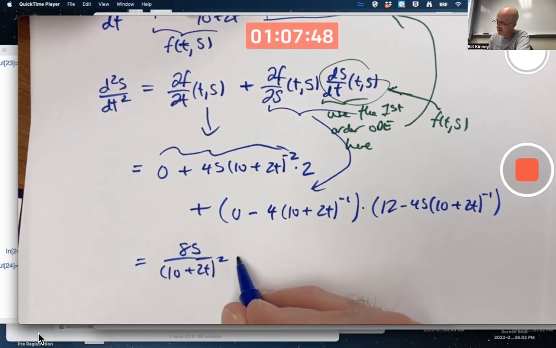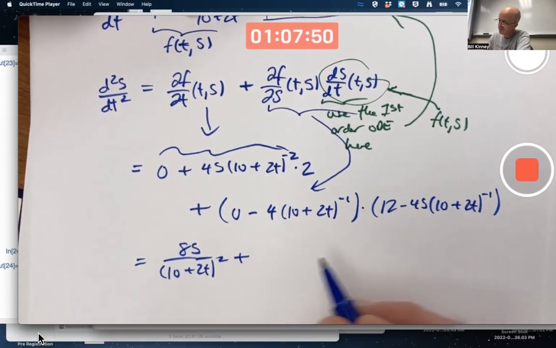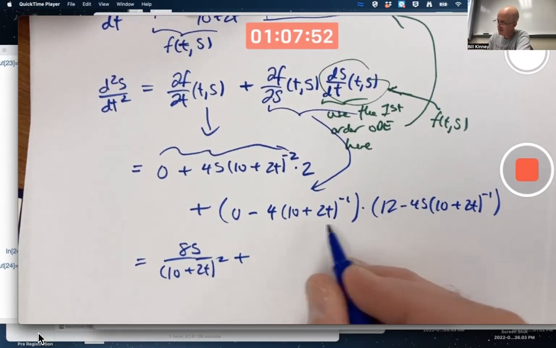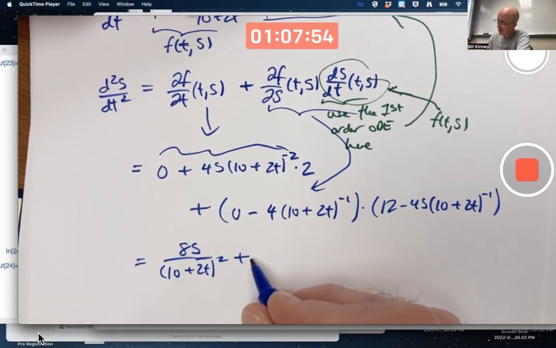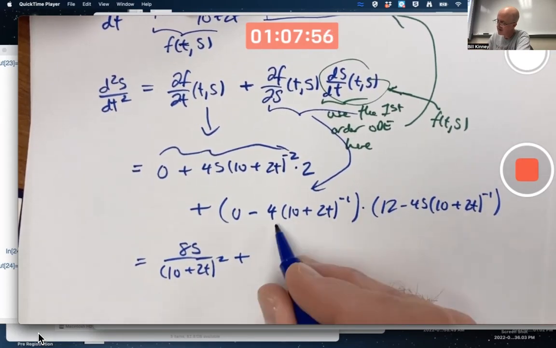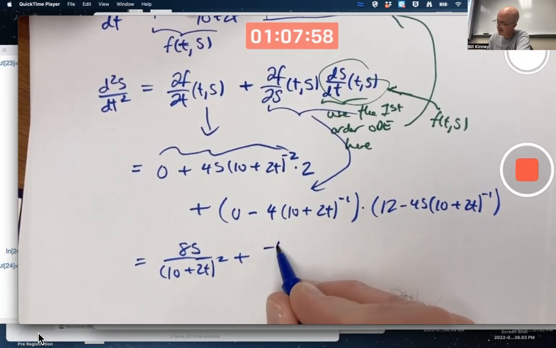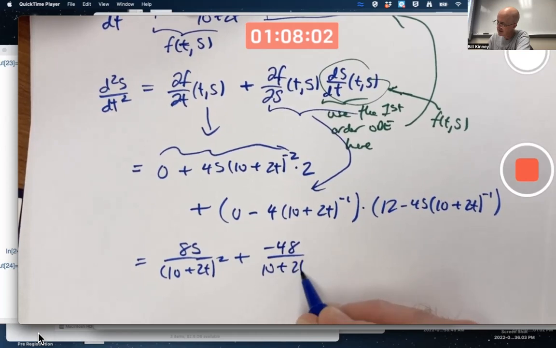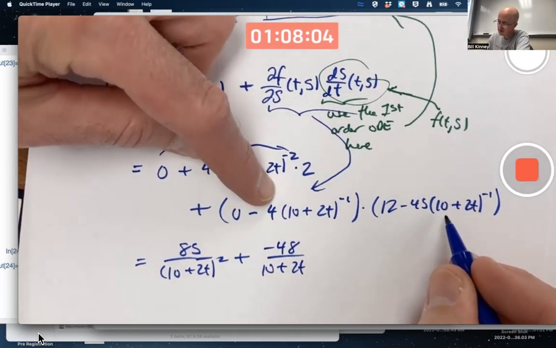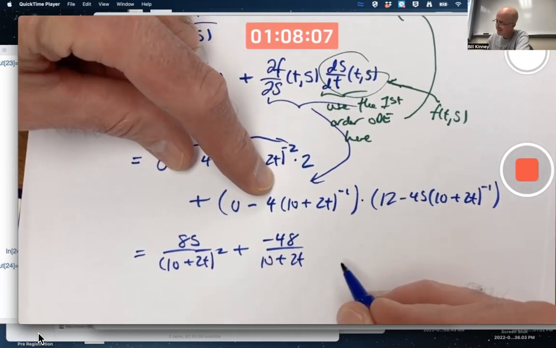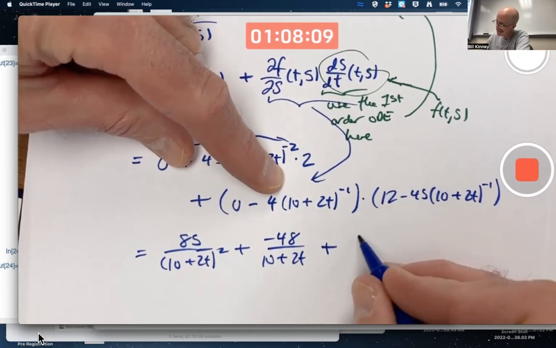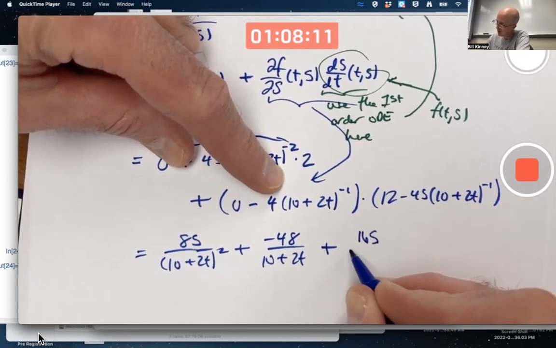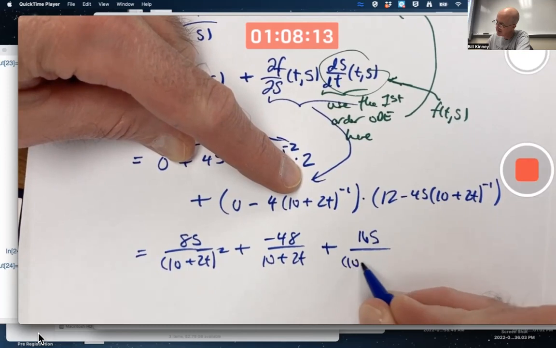Is it worth doing? I guess so. Well, 4 times 12 would be 48, so -48 over 10 plus 2t. And then multiply these two, I'll get plus 16s over 10 plus 2t squared.